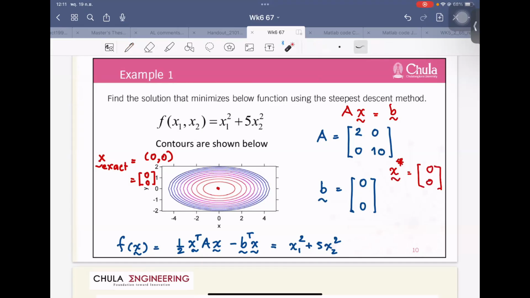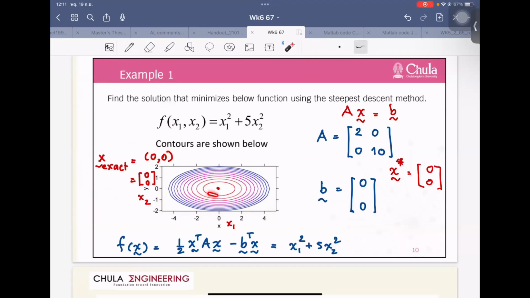But we're going to find the solution by steepest descent. Okay, we are given f. This is the x1 coordinate, this is the x2 coordinate. Oh, okay, it's shown here already.